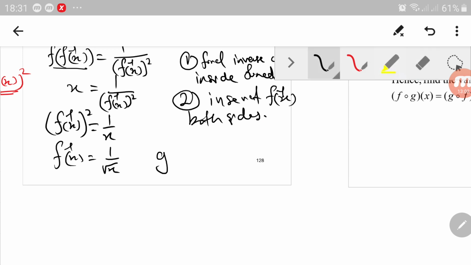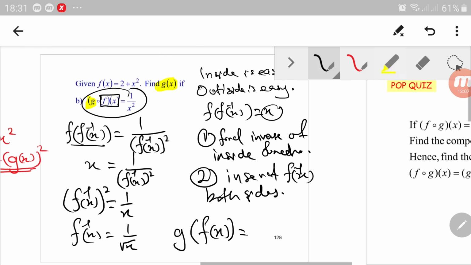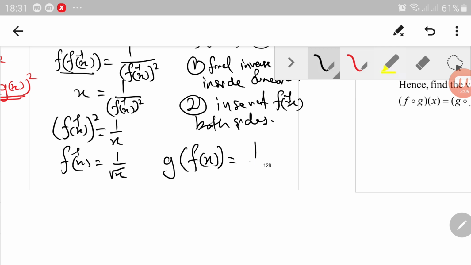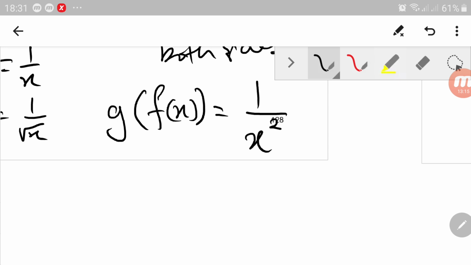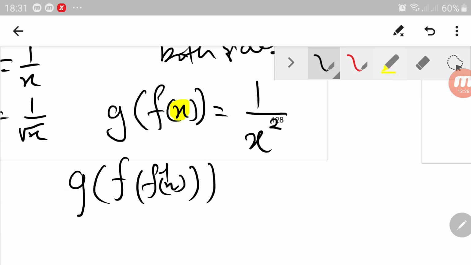I changed it already, the circle is the confusing one. Initially we have this, right? Squared. Now, what is the second step just now? We change this x into f inverse. So we put f inverse inside f and then inside g.